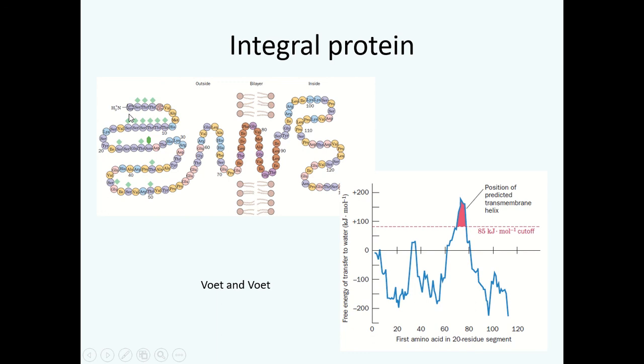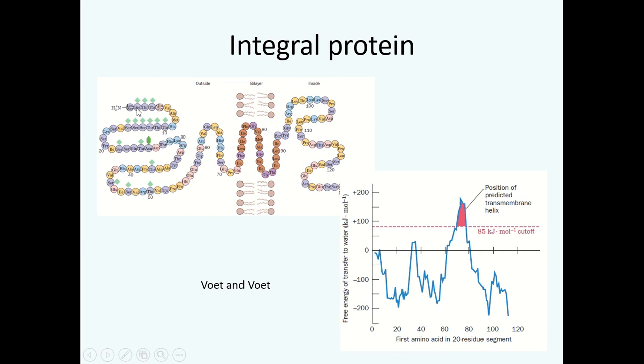Now we look at the next window of 20 amino acids. The next window will start from the second amino acid to amino acid number 21. So from here till here, we add up the free energy of transfer from membrane to water for all of these 20 amino acids, that is amino acid number 2 to amino acid number 21.